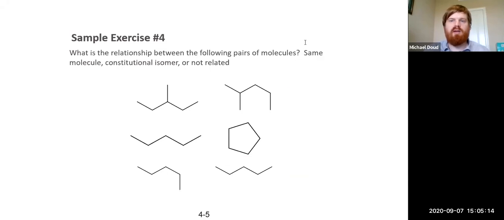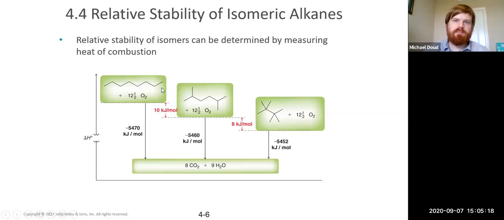So let's clear that. And I believe we have just one more thing to talk about here for this lecture video, and that's the relative stability. So the way that we measure the relative stability of isomers is we're going to actually just figure out their heat of combustion. So this may be something that you remember back from general chemistry.